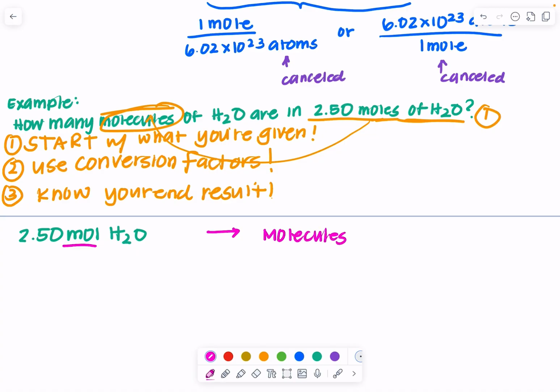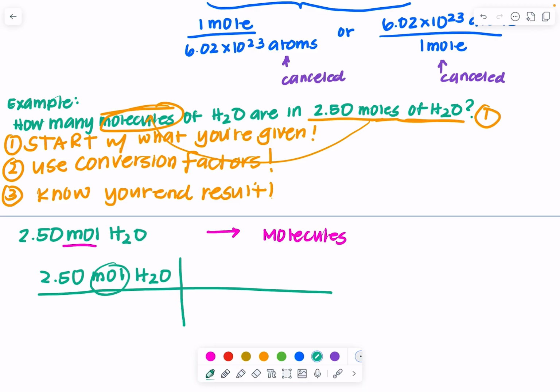And the way that we're going to do that is, I have to rewrite this because I want you to see how I'm going to do this. So we have 2.5 moles of H2O. We're going to draw our dimensional analysis table, and whatever is here, we want to cancel with what's down here.